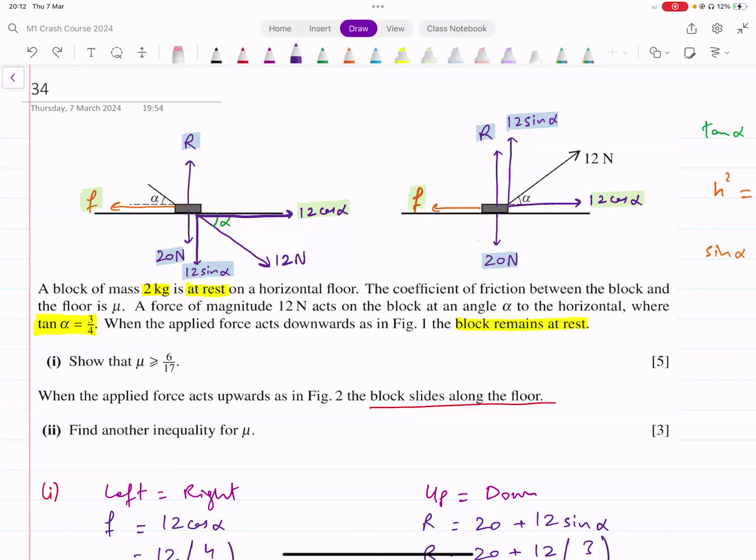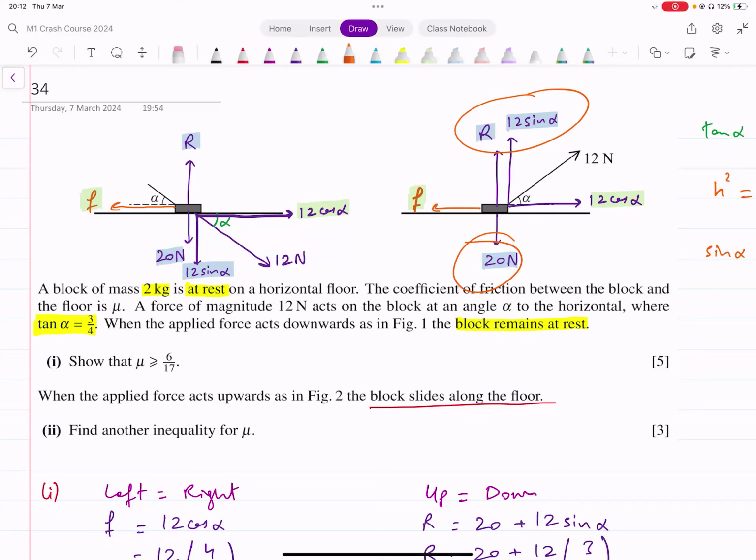The horizontal forces are no longer going to be equal. The horizontal forces are going to be different. What about the vertical forces? Can we say something about the vertical forces? Are they going to be equal or they're not going to be equal? What do you think? Are the vertical forces going to be the same or different?